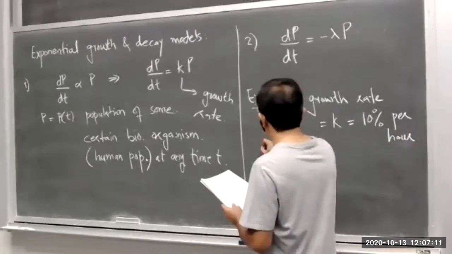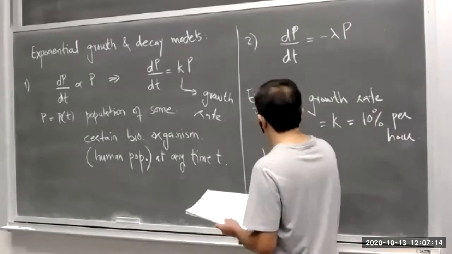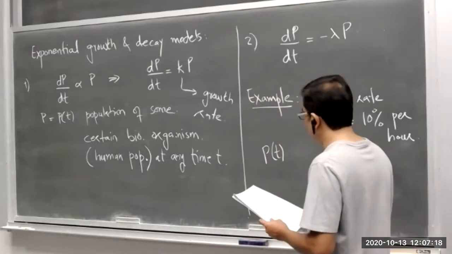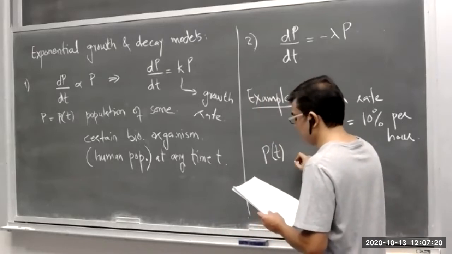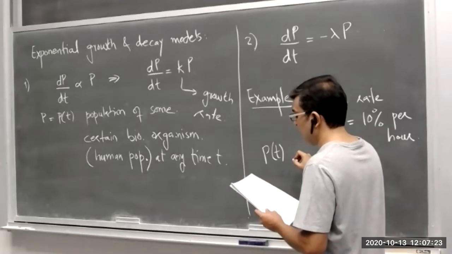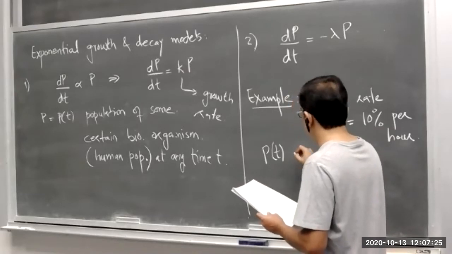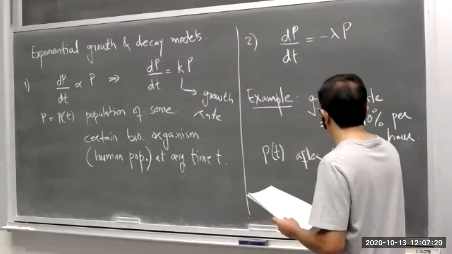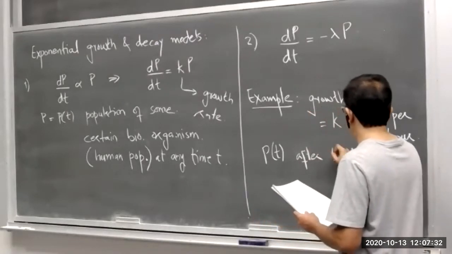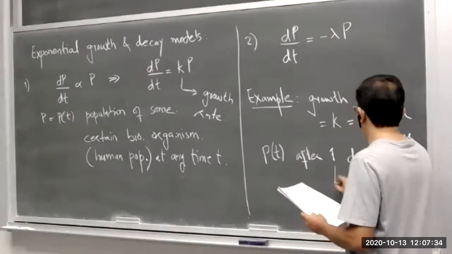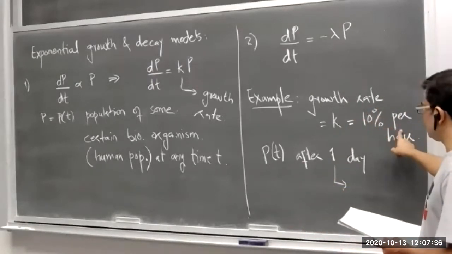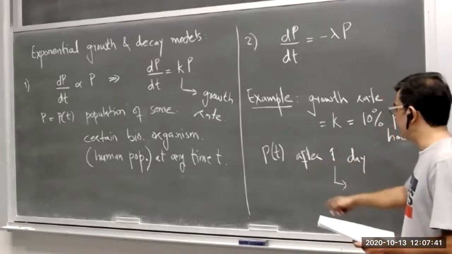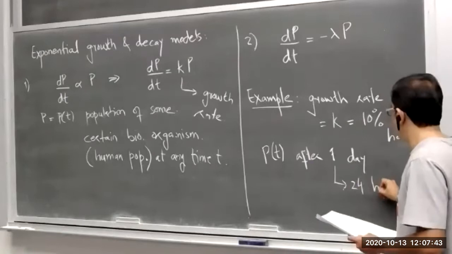So we need to calculate, let P of t be a population at any time, then we need to calculate population after 1 day. So 1 day means if we convert it in hours, because the growth rate is given in hours, then we have to calculate the population after 24 hours.